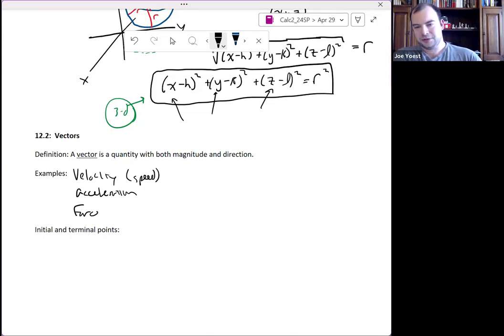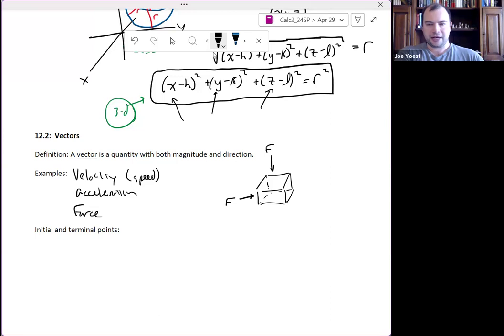Something like force is a vector quantity. If I have a block like this, and I apply a force this way, that's different than if I apply a force of the same amount in that direction.